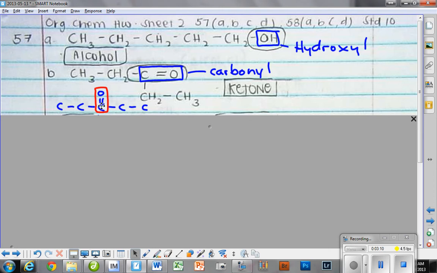Okay, so here's the one in the middle. How do we make an aldehyde? This is a ketone. Ketones and aldehydes are very similar in the fact that they both have carbonyl groups. But what makes the difference between a ketone and an aldehyde? Anyone?